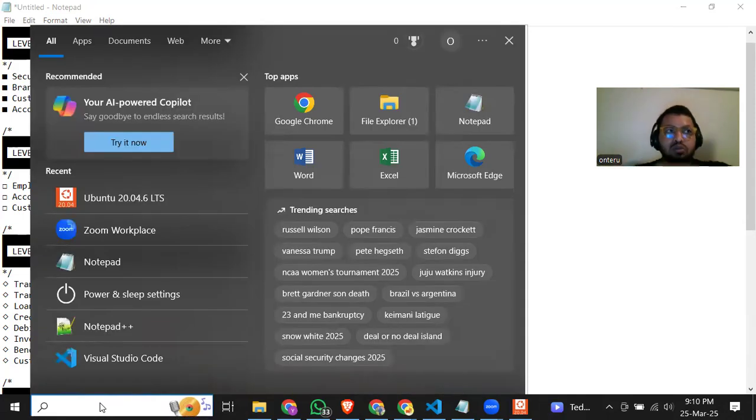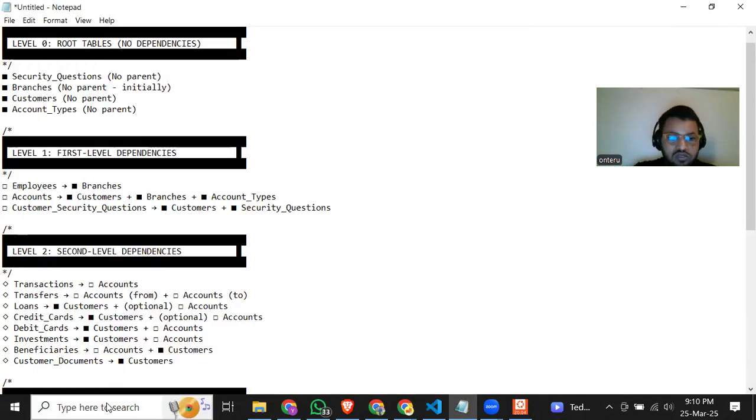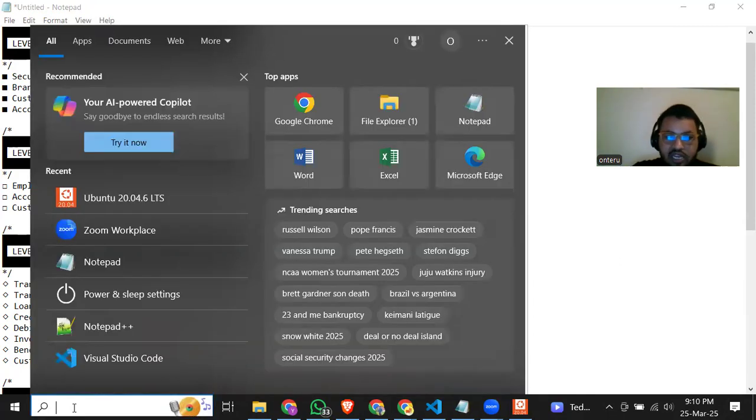After that, I'm going to migrate the data from Hadoop into the cloud, because every company is now moving to the cloud, so I'm going to move this legacy data to the cloud. This is the plan I have. I will show you how many records I have in every table.